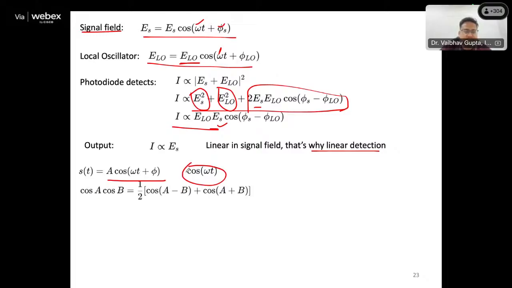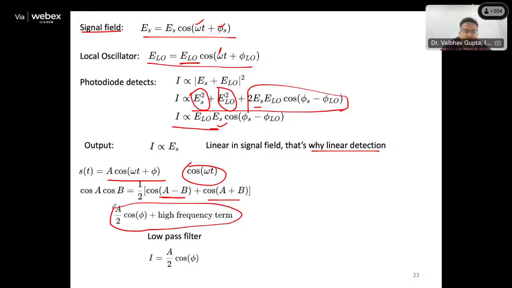Now you can apply simple mathematics, and what will happen is that there will be a low frequency term and then there will be a high frequency term, right? So if you multiply this with this, you will end up with something like this. If you apply a low pass filter at this term, you will get a signal which is A by 2 cos phi, right? Let's just name it as signal I.